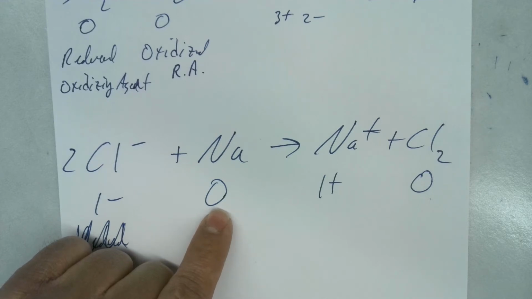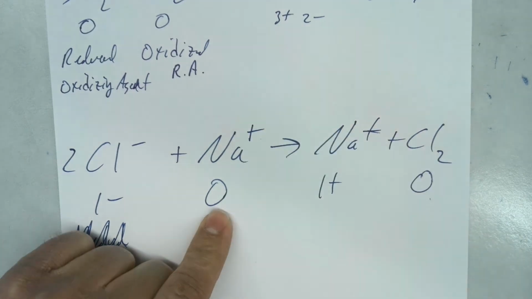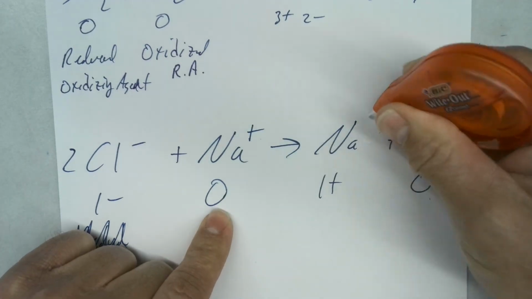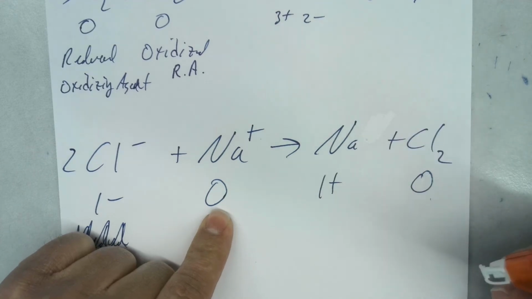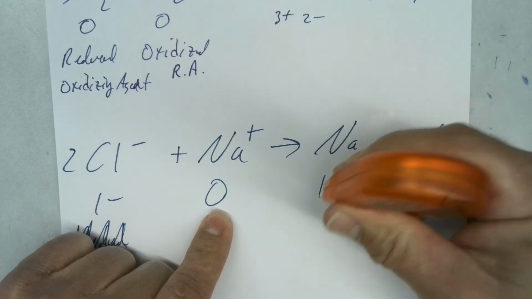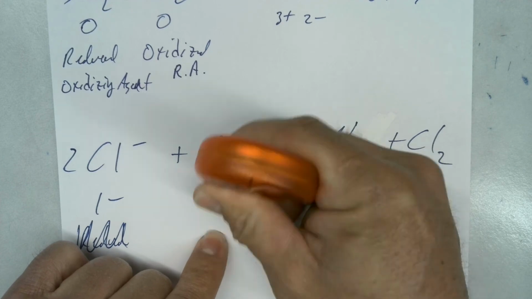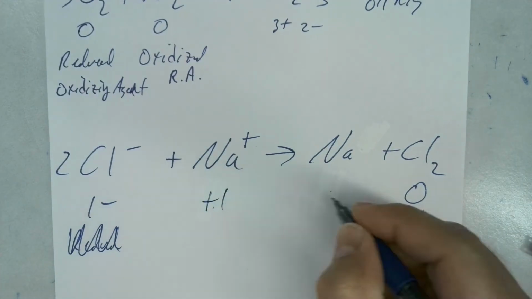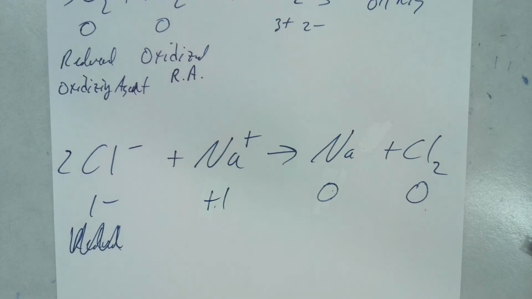What did I do wrong here? Yeah, this one should have been a positive there, and that one should have just been Na like that, huh? So that's a positive one, and that's a 0.